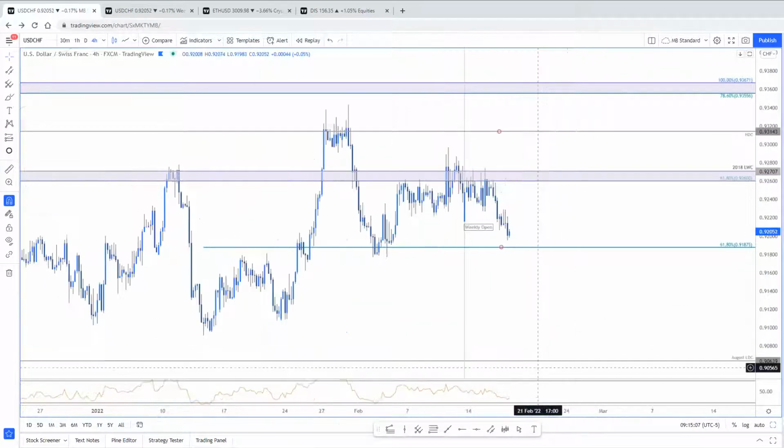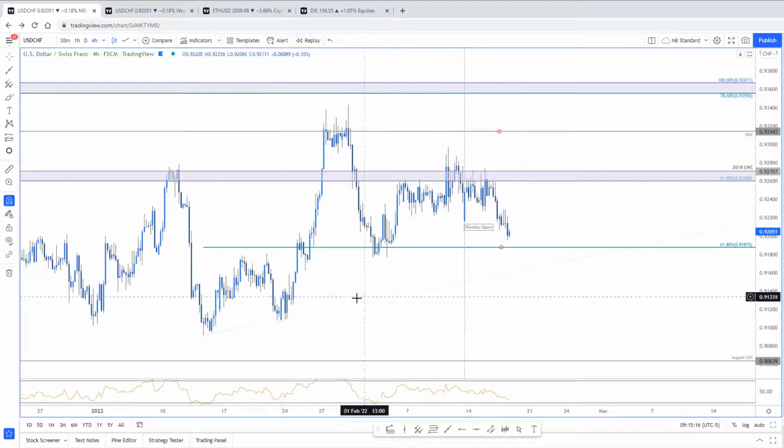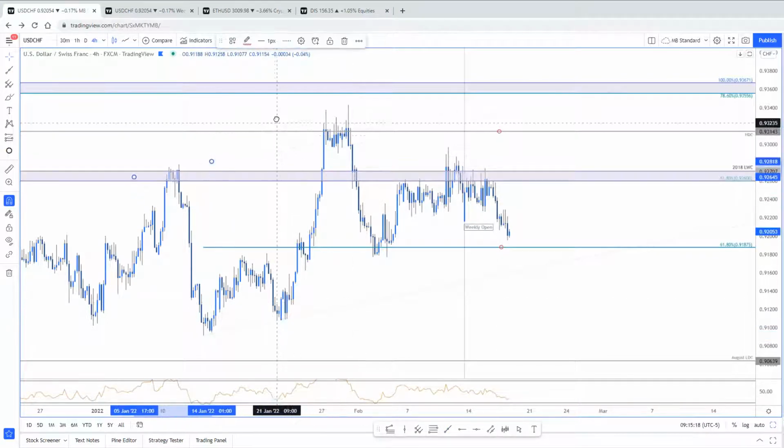Is there anything up here similar? Could be.